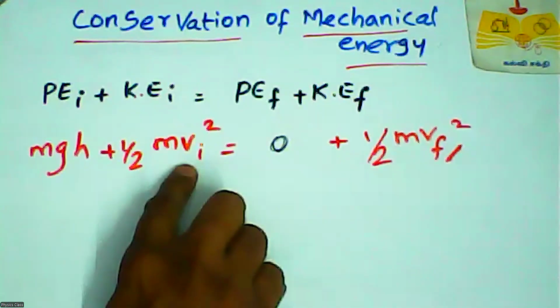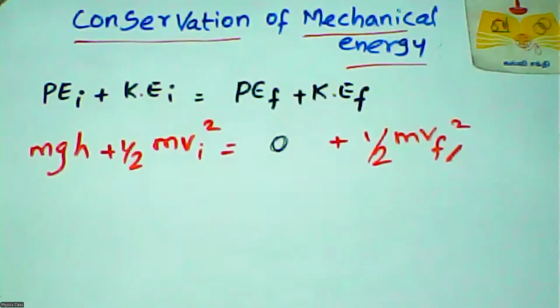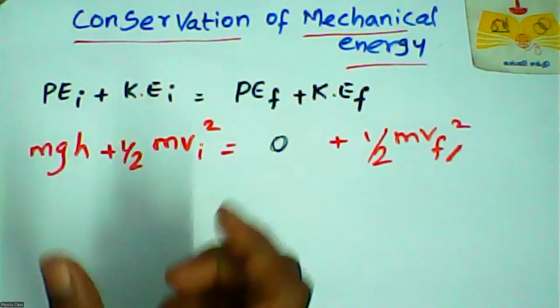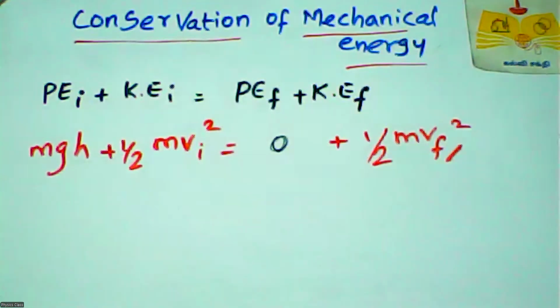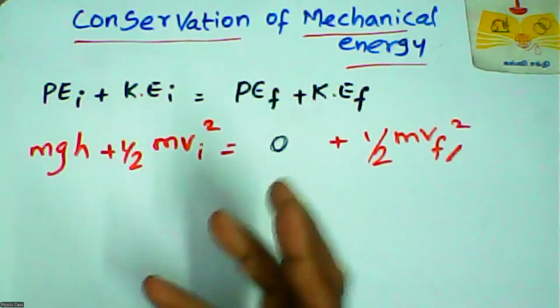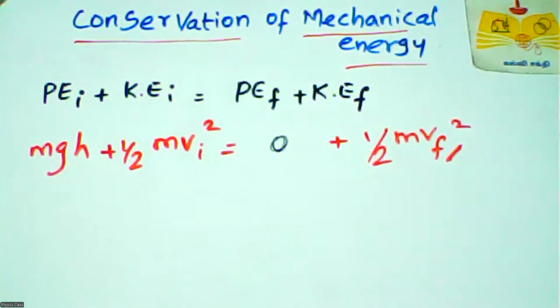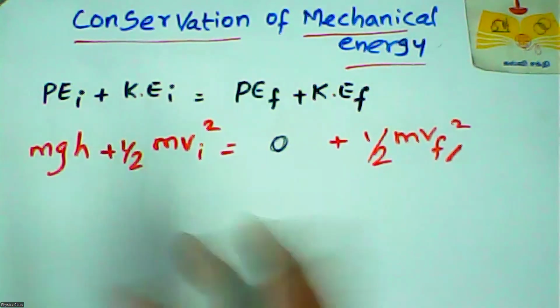And for this v i, v i means the initial speed of the ball. But in this problem, the ball is at height, at the top of the building, so it is at rest.